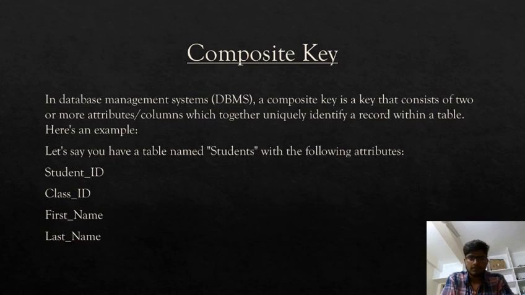Here the student ID would be different, the class ID would be different, and the first name and last name may or may not be different. So we can say that a composite key consists of unique or non-unique attributes at the same time, or more than one unique attribute at the same time. If an entity consists of more than one unique attribute at the same time, then it would be considered the composite key.